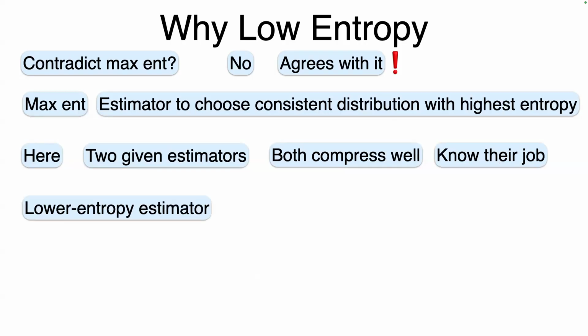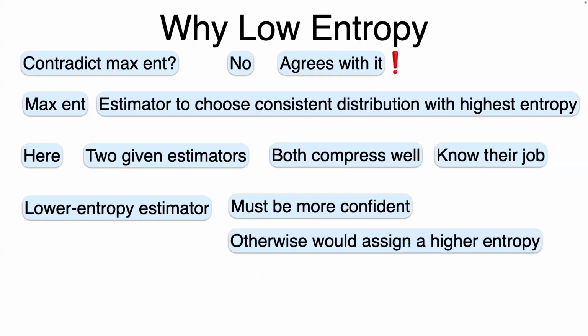They're good estimators. So when you have a lower entropy estimator, that means that it's more confident. That means that in some sense it's based on more data. Because if it wasn't so confident, then according to this principle, it would give higher entropy.